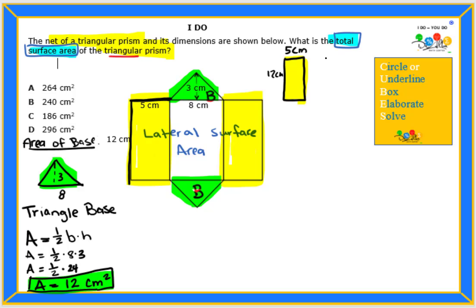So now I can use the area of a rectangle, which is base times height, for these yellow shaded rectangles, and that would be 5 times 12. And 5 times 12 is 60. And we have square centimeters.